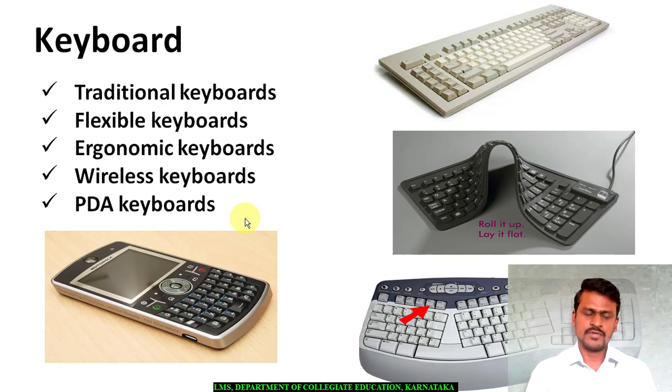That may be any text, a combination of numbers, characters or special characters. So keyboard is an input device which accepts the input from the user and sends that signal to the computer for any other user purpose.